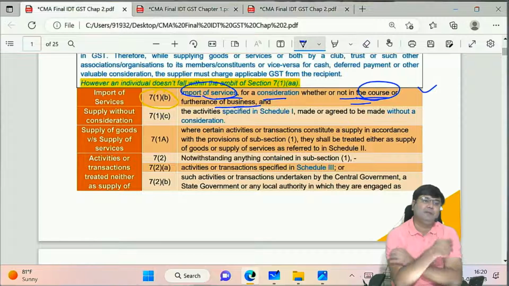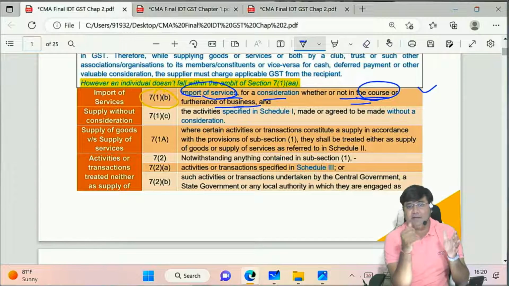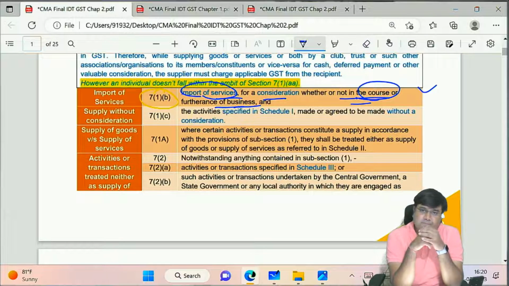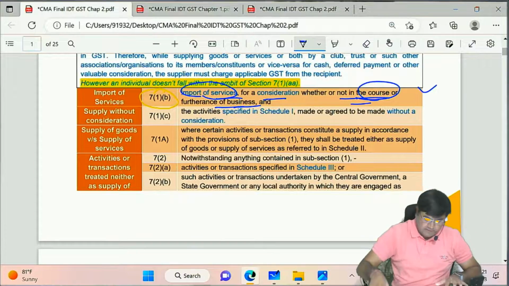So now Twitter is providing you services, correct? Both the conditions are satisfied? The answer is no. You are using Twitter not for business purpose, but you are paying consideration $1. So one condition is satisfied, another condition of business is not satisfied. So according to section 7 subsection 1 clause A, it is not supplied.